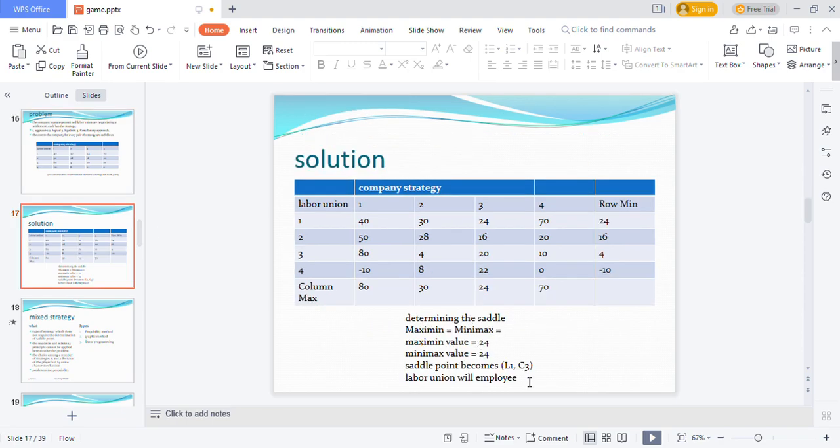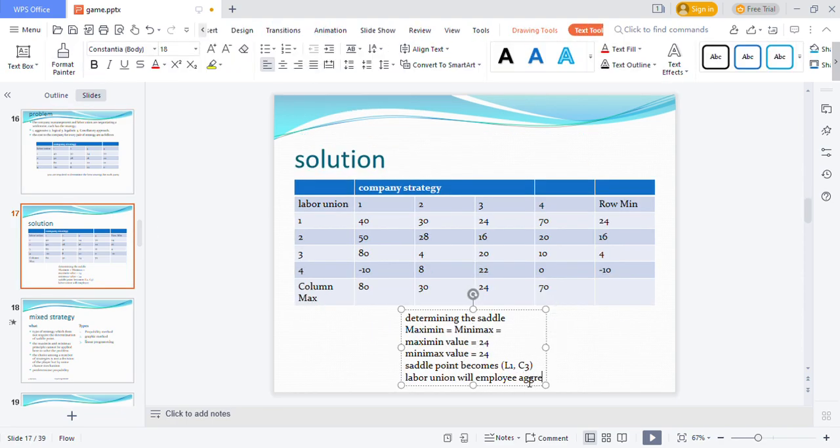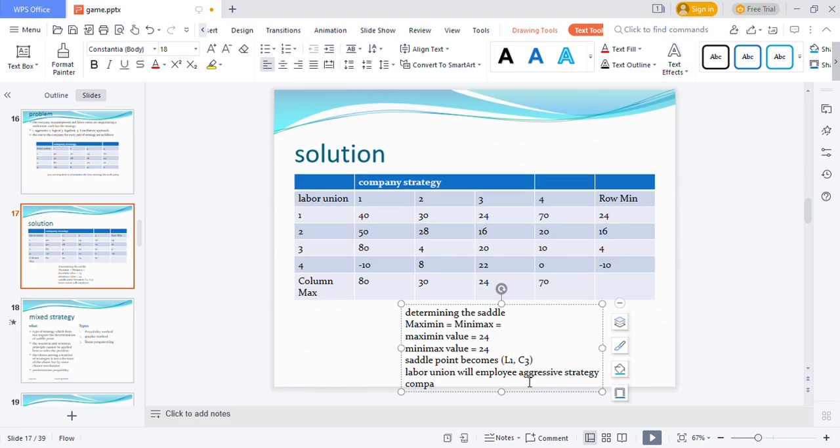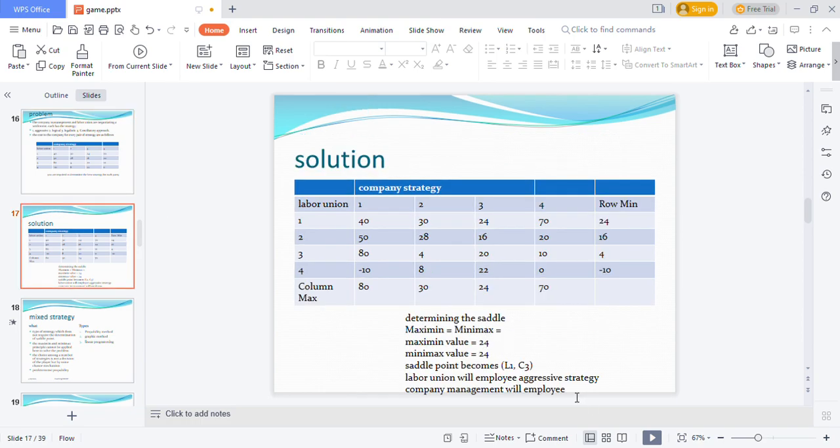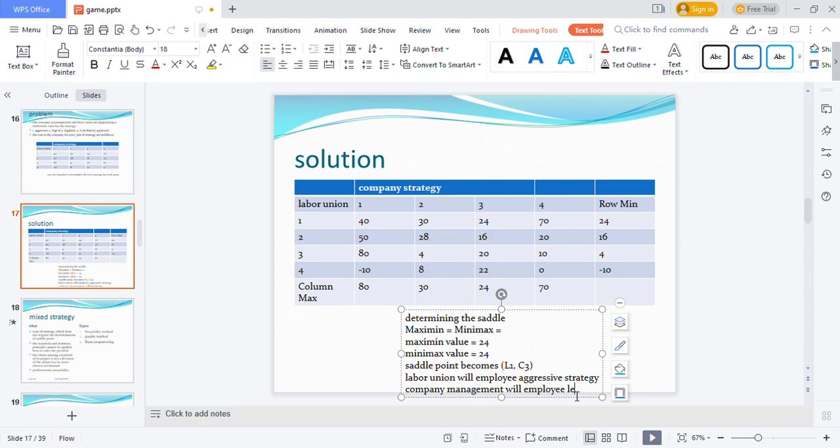So labor union will go for the aggressive strategy. And company management will employ which strategy? Strategy 3 was legalistic. So the company will employ the legalistic approach or strategy.